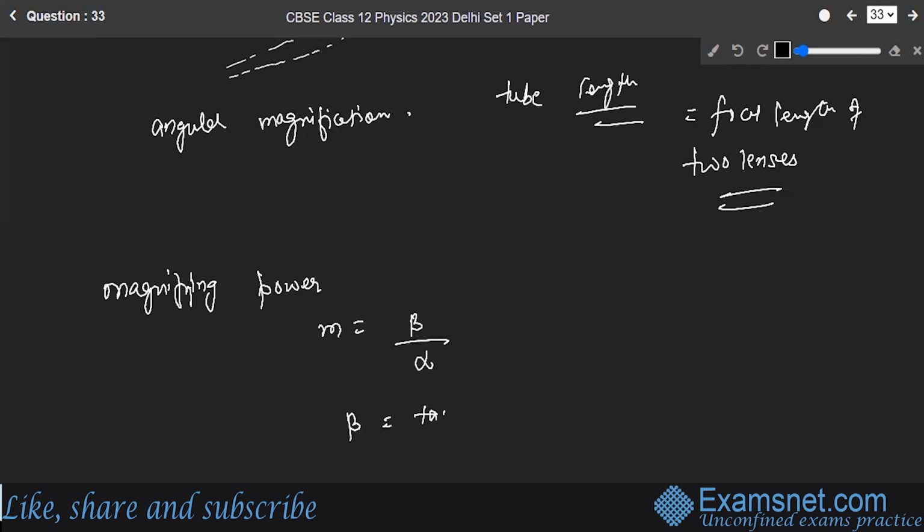Beta is equal to h upon f_e. Here beta can be taken as tangent of beta and alpha as tangent of alpha because alpha and beta are very small.